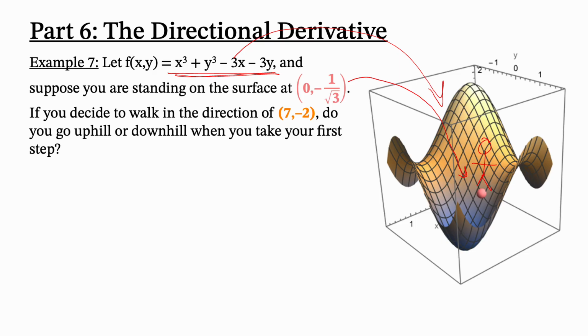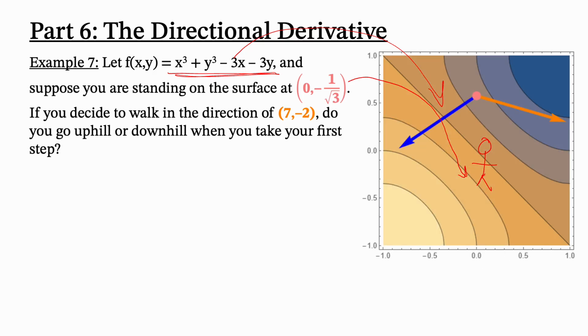We're not taking out our gradient compass right now and walking in the direction of the gradient vector. Instead, you have an arbitrary direction you've decided to walk in. Maybe you saw something interesting in some particular direction, and so you decide to walk in the direction of 7, negative 2. The question we have is, are you going to walk uphill or downhill when you take that first step?